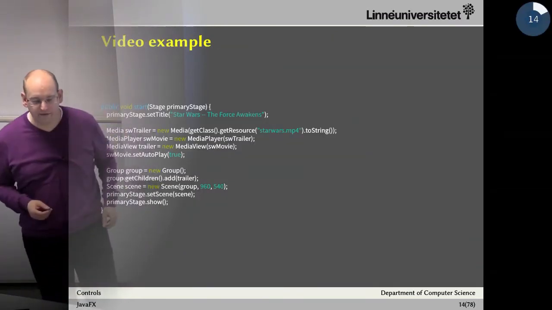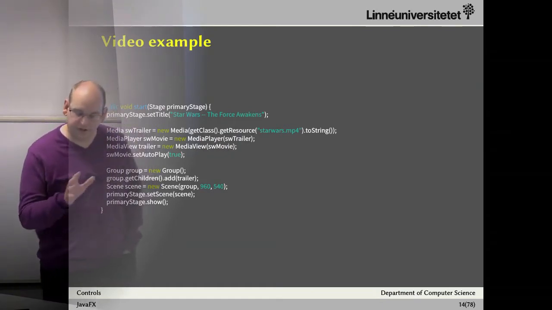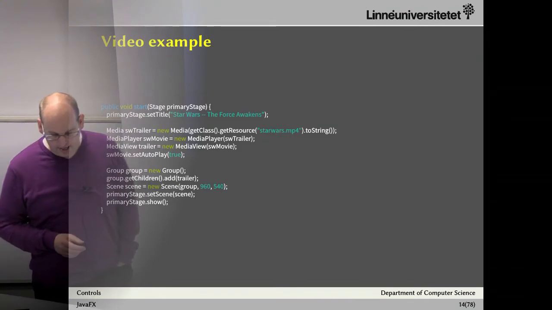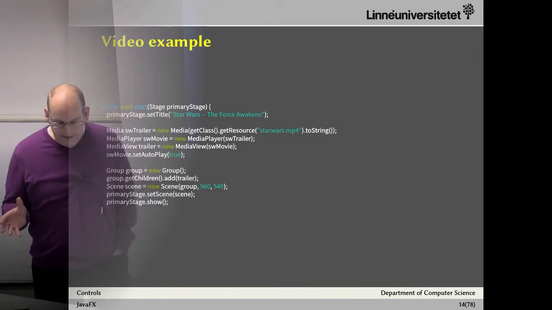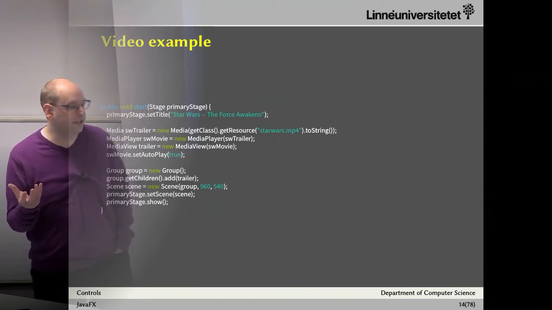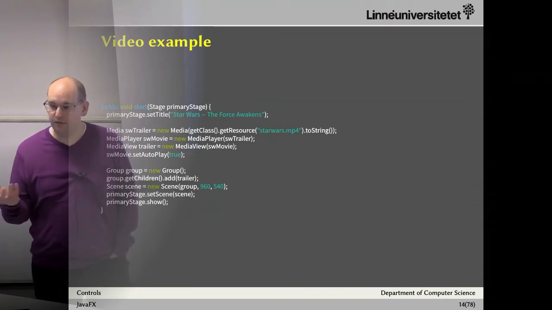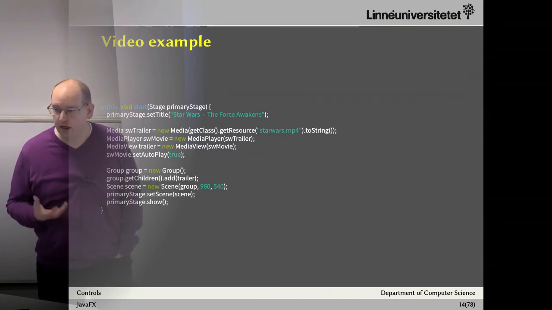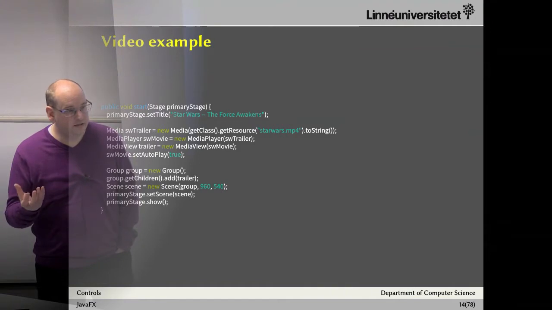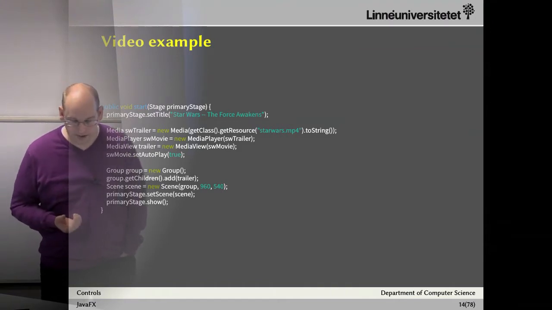We also have a video example, and again I will not show you the example more than a static image. And it works more or less the same. We have a media object, and notice that no matter what kind of media we're using, whether it's a movie or an audio, the object holding this media is of class media.